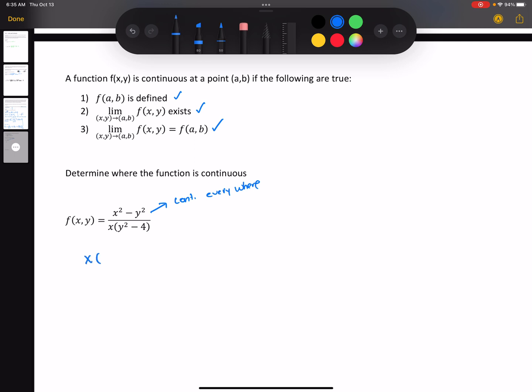So x times y squared minus 4 is equal to 0. Two things have to be true. Well, x could equal 0, or y squared minus 4 equals 0. So y equals 2, or y equals negative 2. So the function is continuous.